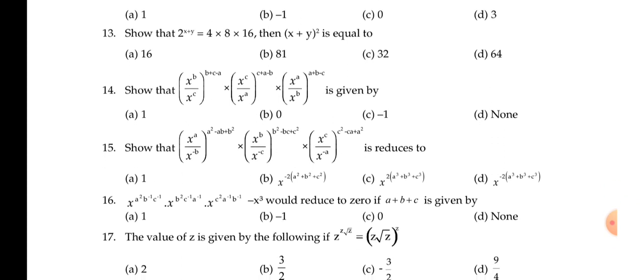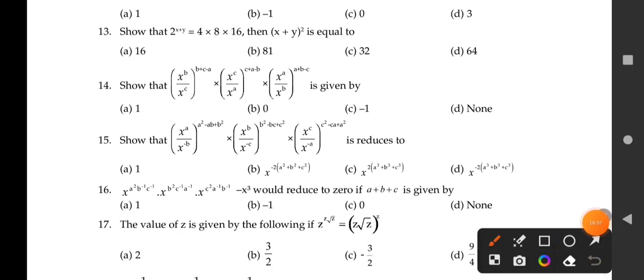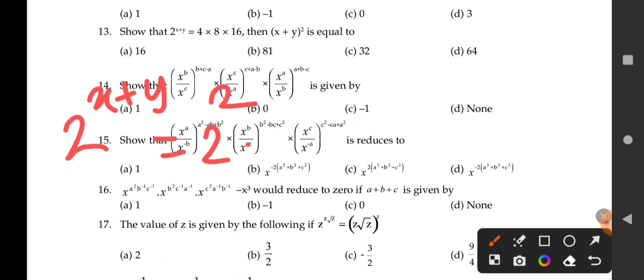Next, question number 13. Again, this is a very simple question. Solve it carefully. Let's solve it with base 2. 2 power x plus y is equal to 2 power 2 into 2 power 3 into 2 power 4.